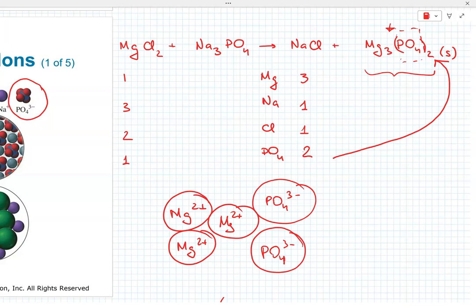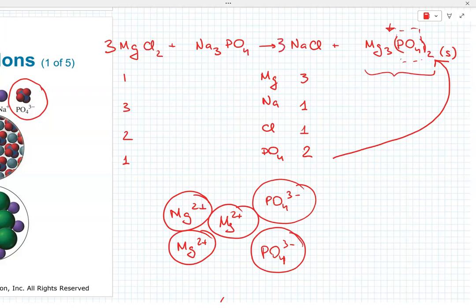Can we do magnesium? Balance magnesium. What do we need to do? Put a 3 in front of magnesium on the left. Okay, it's balanced now. Can we balance sodium? Sure. On the right. All right, put 3.